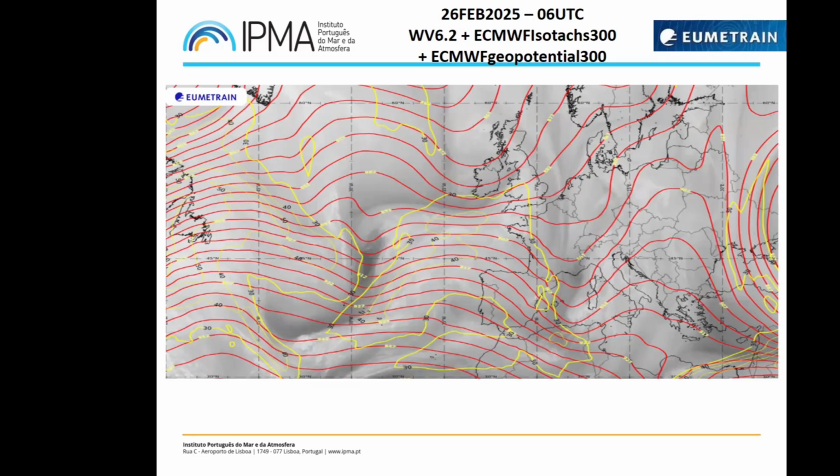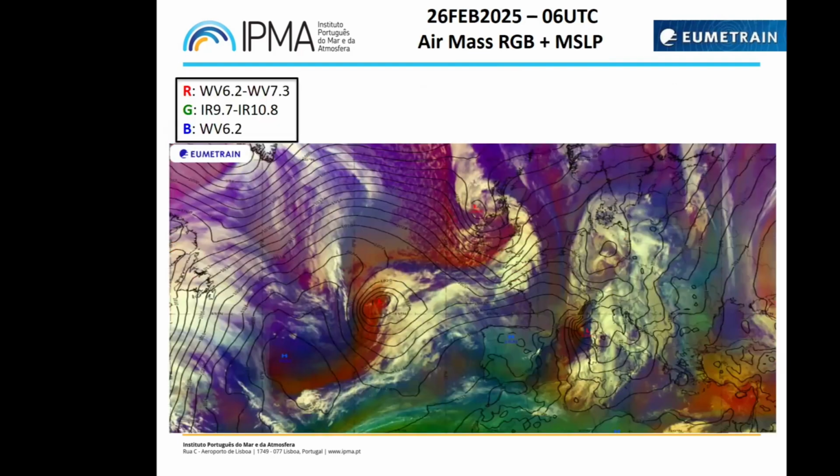So these dry, darker zones in the water vapor 6.2 are important because they can also be areas of severe weather. Also, the Airmass RGB is helpful information because it can tell what type of air masses are present, and also give some hints of the dynamic processes in the atmosphere.